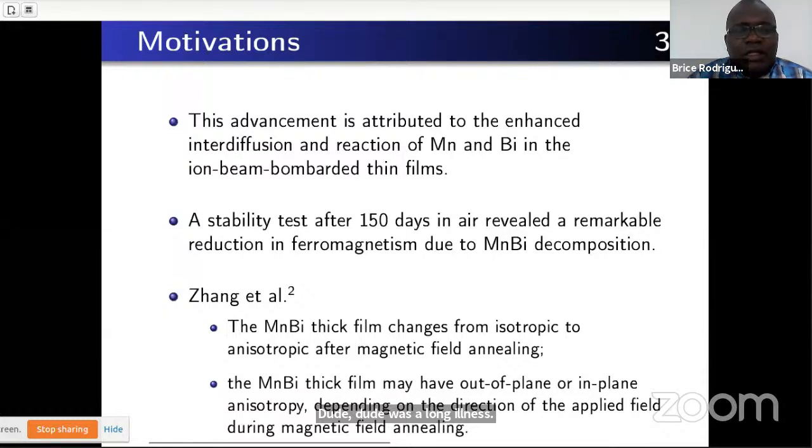Zhang et al. have studied the manganese bismuth film change from isotropic to anisotropic after magnetic field annealing. This MnBi film may have out of plane or in plane anisotropy, depending on the direction of the applied field during magnetic field annealing.